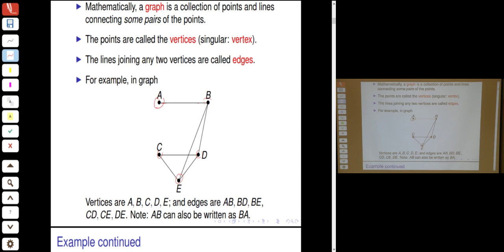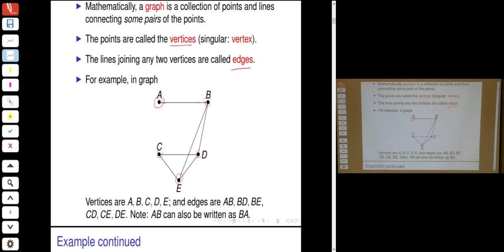These connecting lines between pairs of nodes are known as edges, and the nodes are known as vertices. But edges are not present between all pairs of vertices. There are some pairs of vertices which are connected by an edge, and some pairs which are not.